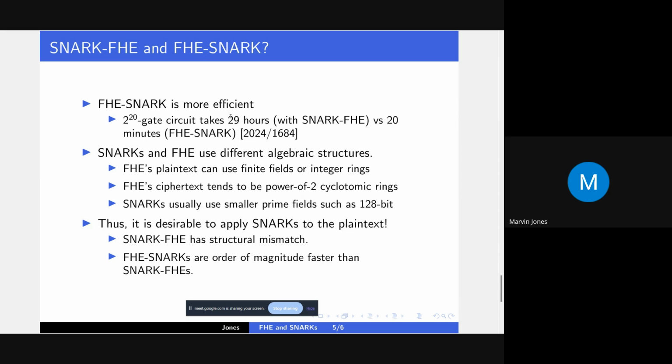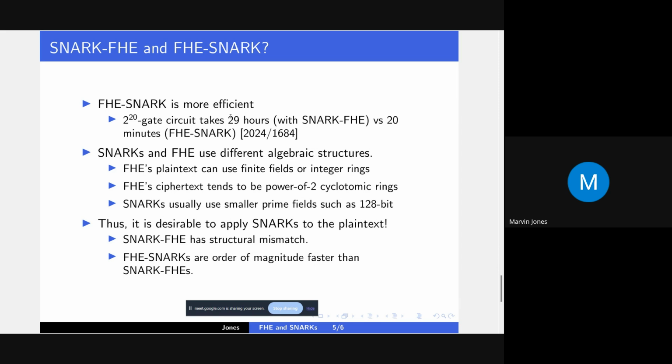What FHE snark does is it essentially tries to avoid this structural mismatch by essentially applying the snark to the plain text, which, of course, the prover is the server, and you don't want to give your plain text data to the server.